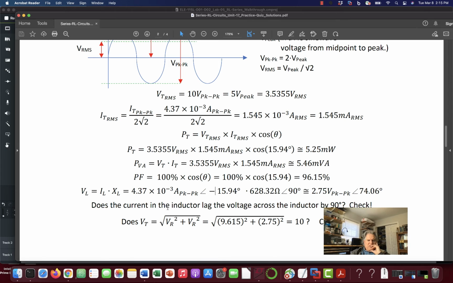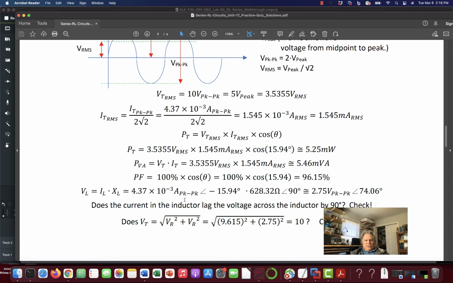Does the current in the inductor lag the voltage across the inductor by 90 degrees? Well, let's check. We did check. This 90 degrees in this formula actually forces that to happen. But if you look at 74.06 and 15.94, when you add them together, you get 90.